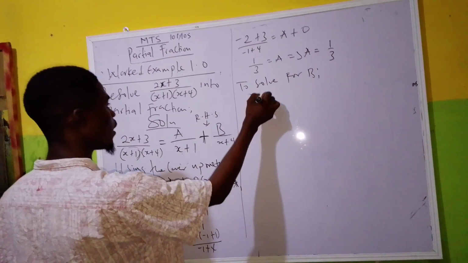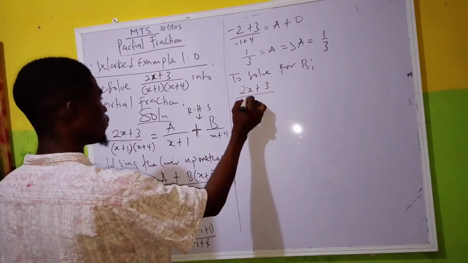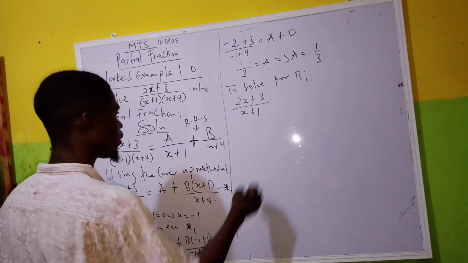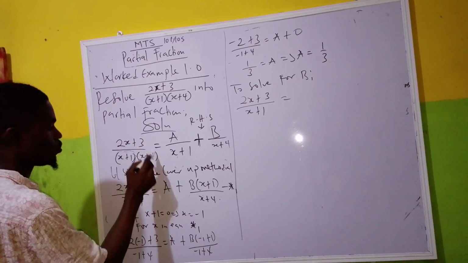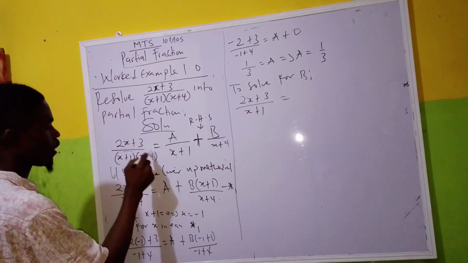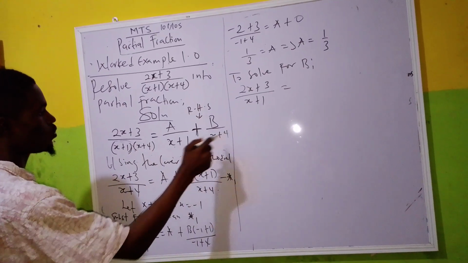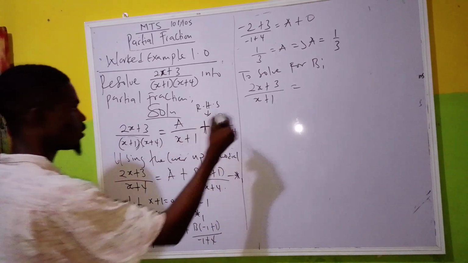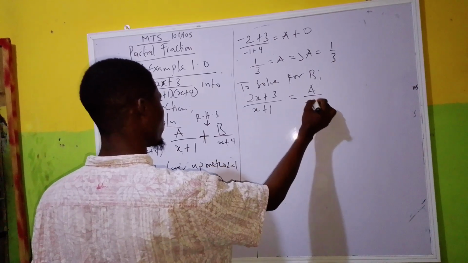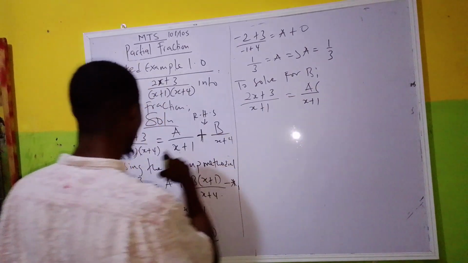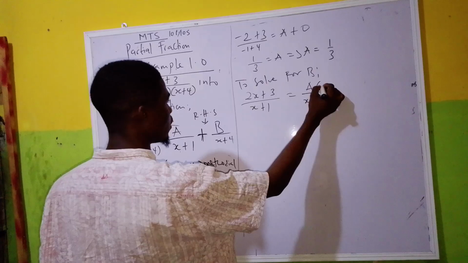So that will be 2x plus 3 over x plus 1, right? Equals to, which one did we close eyes for? We closed eyes for this one, so it is automatically gone here. We will write the remaining thing that we have left. A over x plus 1.